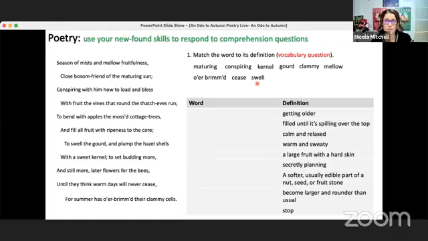Very good. And also looking at the word in context can often help us to find the definition. So don't just look at the word in isolation and then jump straight into the definitions. Return back to the poem, find the word in the poem and read around it. Is there any clue in the sentence it's in, the sentences that came before, the sentences that come after, that might help us with those harder words that we actually don't understand?